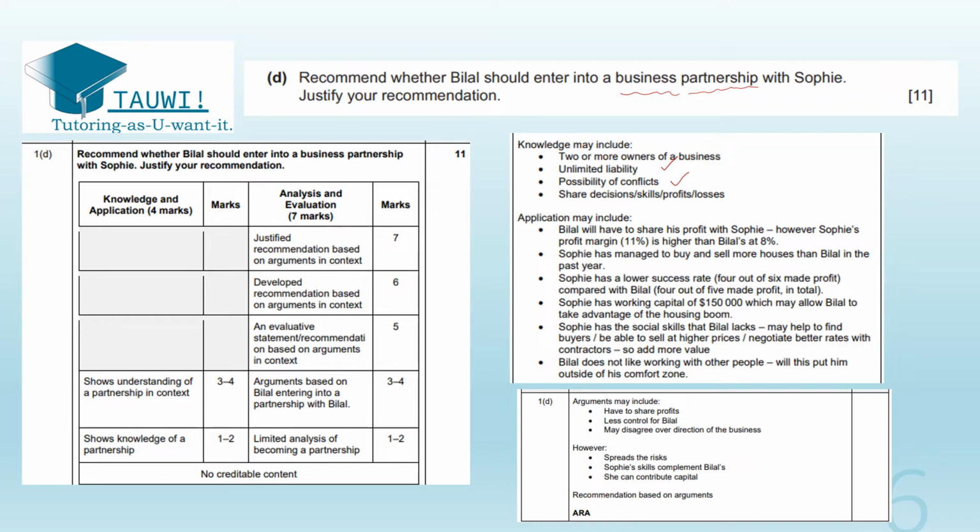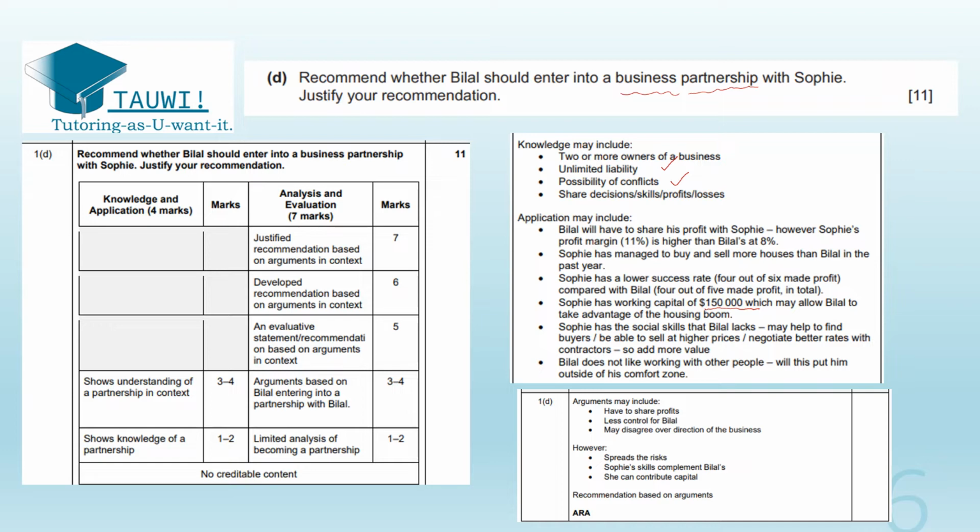She had 4 out of the 6 buildings that she made profit with, but maybe this could change if they come together. Sophie has working capital. Wonderful thing. She has working capital. And do you see we are applying, we are looking at the case study to find reasons.